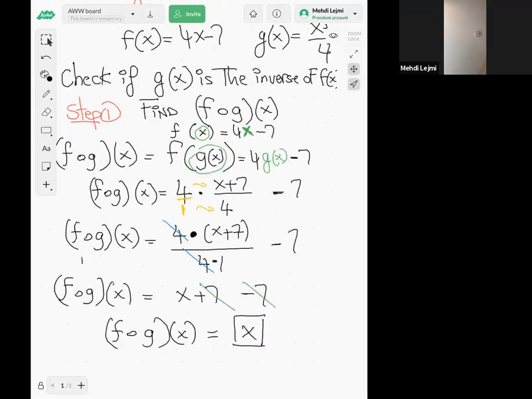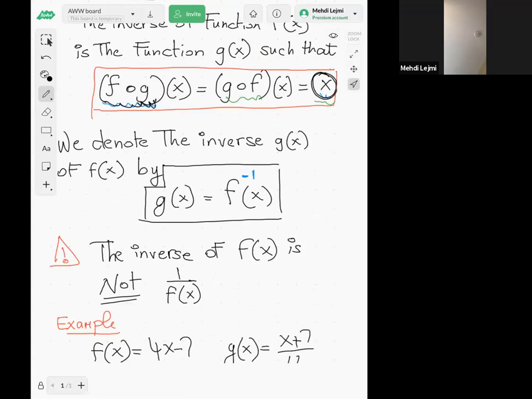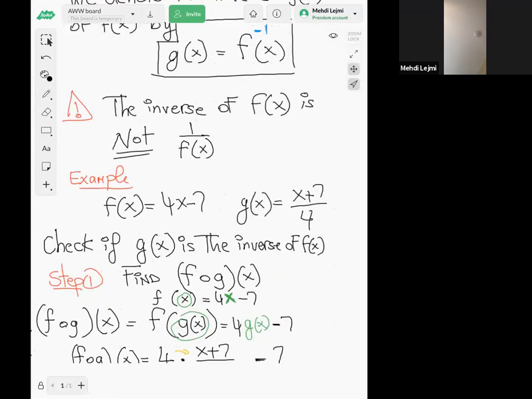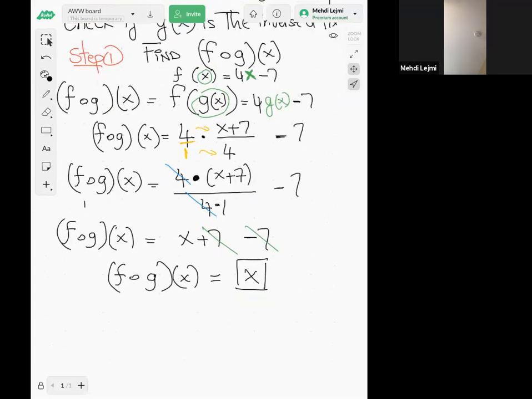Now the second part of the definition. First we have f composed with g, and then we have to check that g composed with f of x is equal to x. So now we are in step 2. In the first step, guys, if you get something different from x, then you are done actually, because if it's not x, then your g is not the inverse of f.